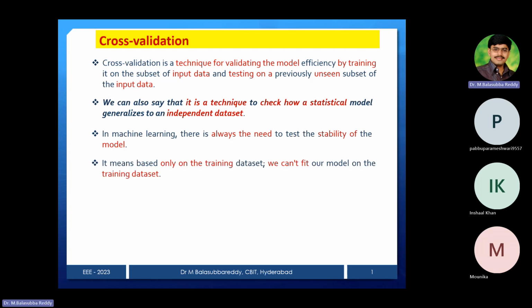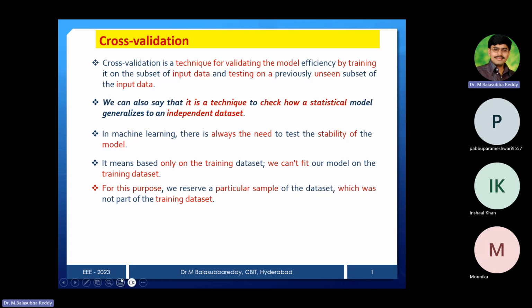Based only on the training data set, we cannot fit our model. Whatever training data set is there, we cannot fit our model on the training data set alone, so only the training data set we cannot predict. That is the reason. For this purpose, we reserve a particular sample of the data set which was not part of the training data set.